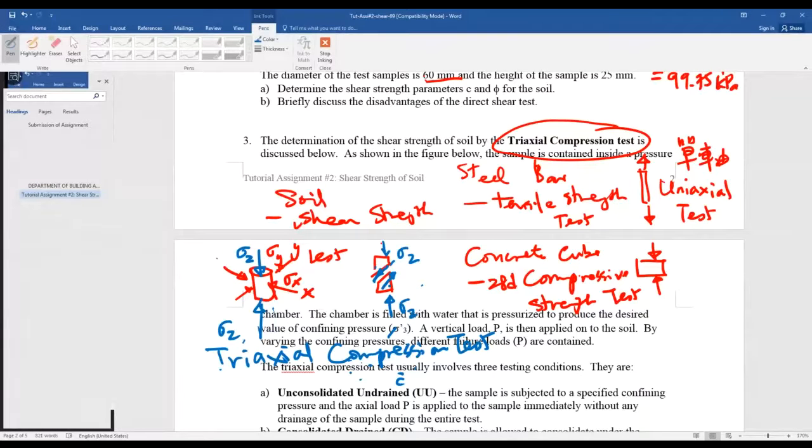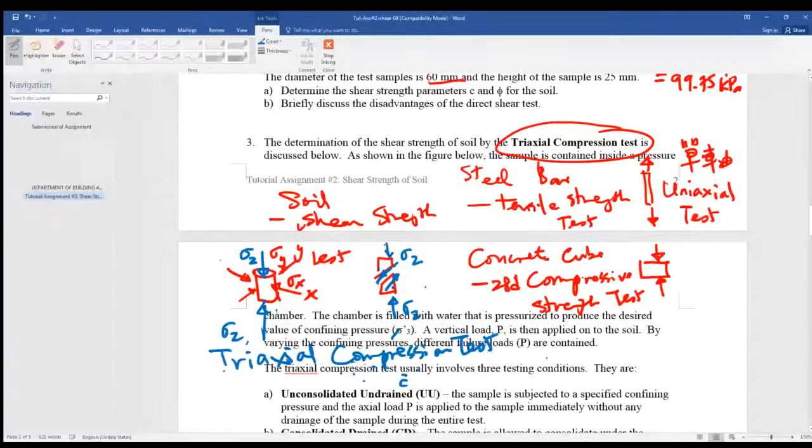In other words, in the lab test, if you increase the sigma x and sigma y, sigma x, sigma y are called the confining stress.